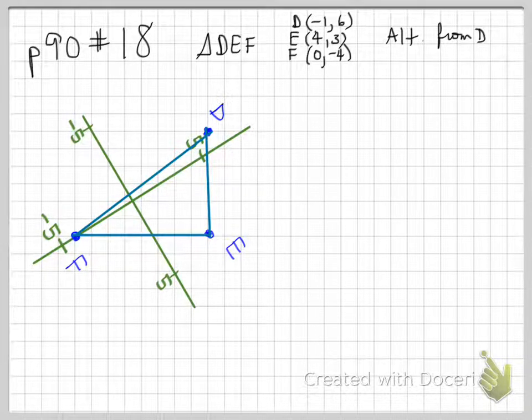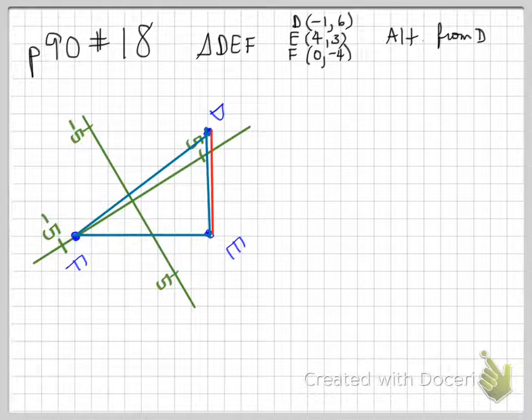So the altitude from D means that this line is going to be just slightly to the right of this, so that when you draw the actual perpendicular, it goes up slightly like that.